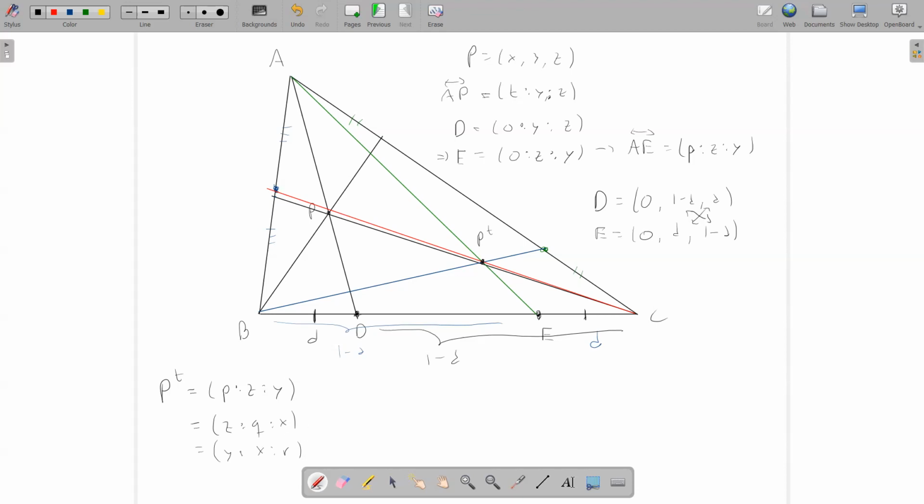Now we need all of these three to match up. How can we do that? Well, if we look at these two, you know that z over y equals Q over x. So Q equals xz over y.